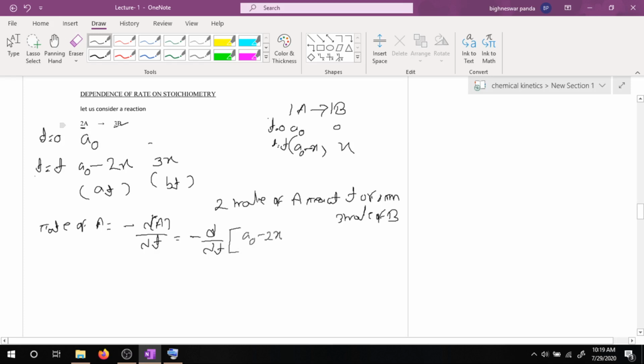A0 minus 2x, minus A0, divided by t. So here A0 will be cancelled, so I can write minus of minus 2x by t, or in other words 2 dx by dt, that is the value of minus dA by dt.